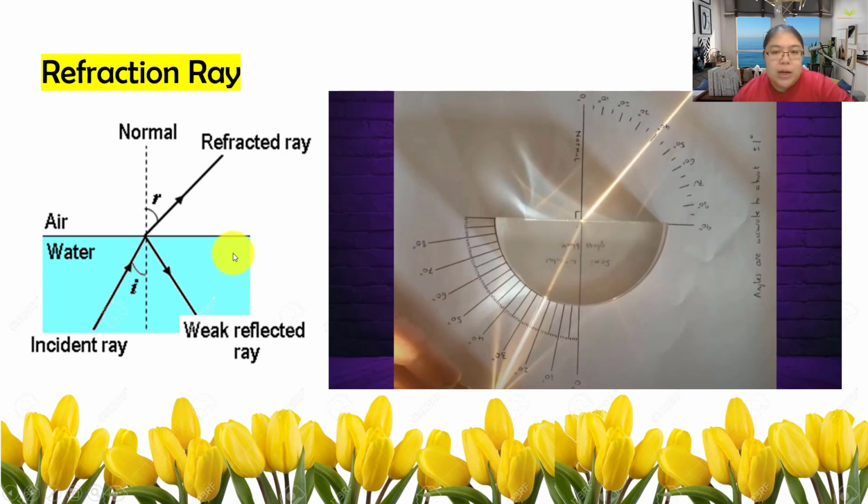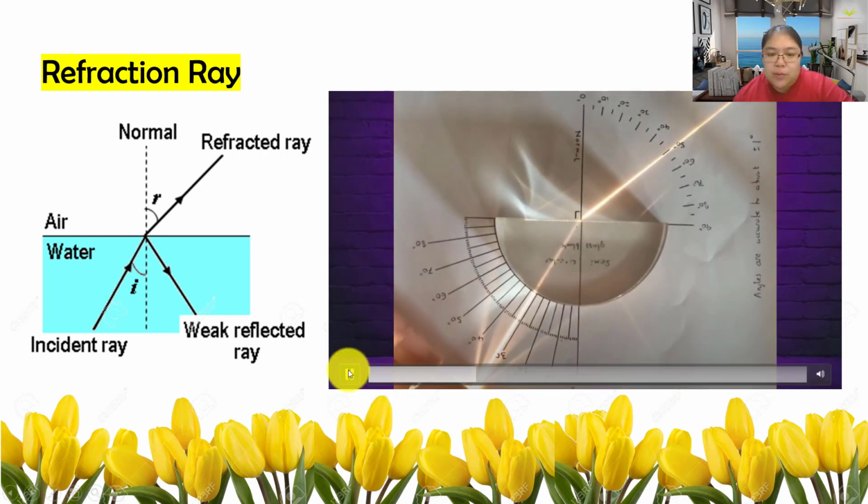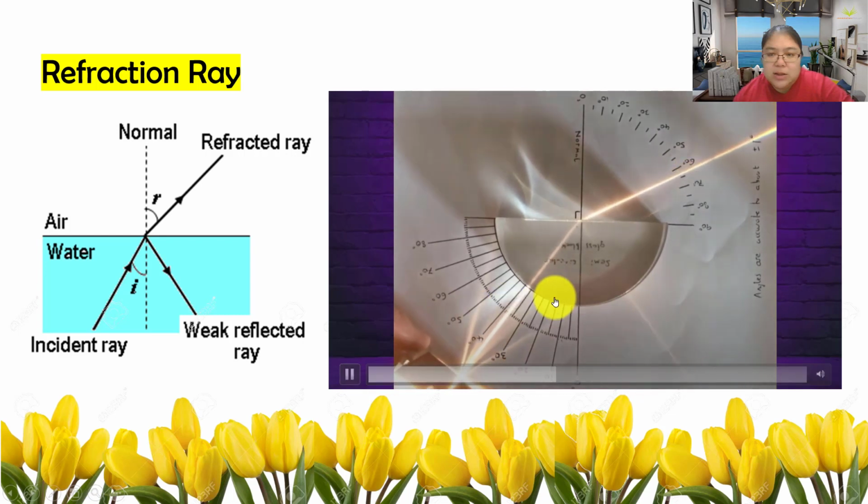Okay, so from here I want to show the weak reflected ray that will come back, and also prove the relationship between the incident angle and refracted angle when I keep increasing the incident ray. Let's see the diagram here. Can you see when I increase the incident angle, the refracted angle continues to increase.